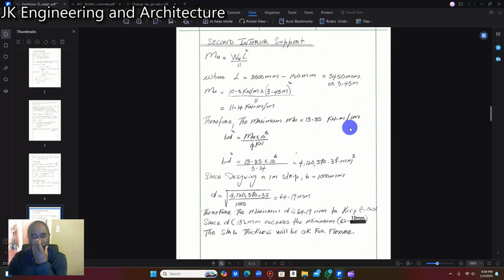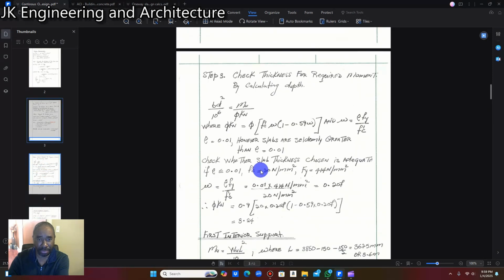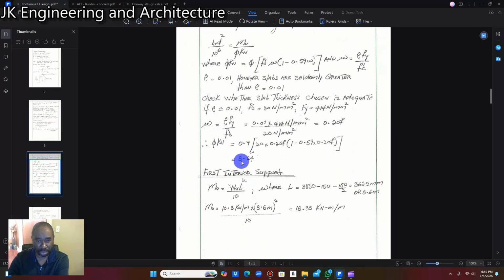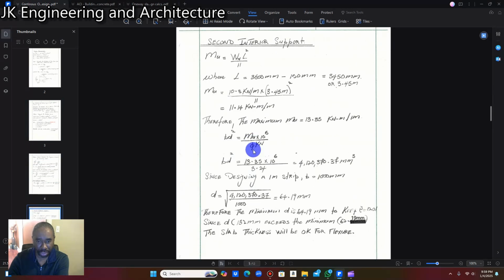All right. So now we can work out our d, our depth. We have Mu, which is 13.35 kilonewton meter per meter times 10 to the 6, and I've shown you where 10 to the 6 comes from, over φKn, which is 3.24. Remember, we calculated φKn up here to be 3.24, right?